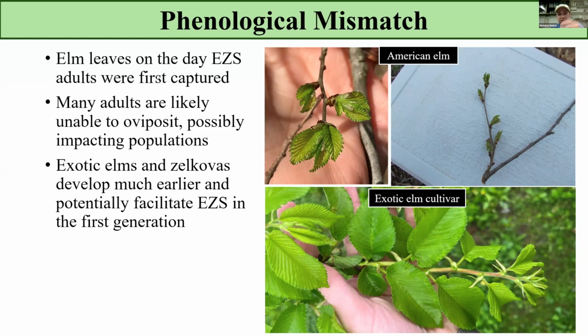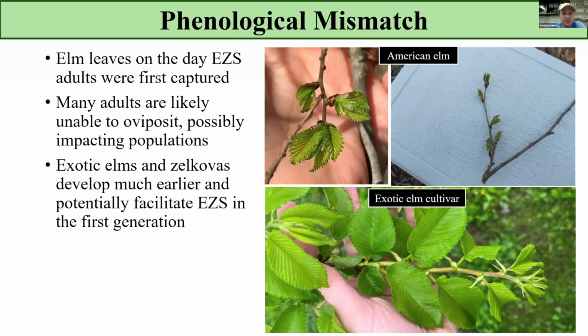You can see these two pictures of American elm. This is what the leaves look like when EZS start flying. And so if they're laying their eggs in the tips of the leaf serrations, it's very likely that these leaves are not big enough to accommodate that.